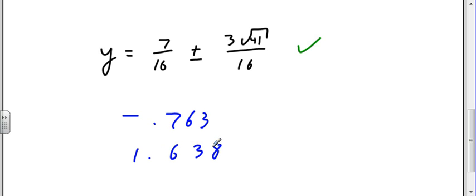Okay, so we'll check the positive guy. 7 divided by 16 plus 3 times the square root of 41 divided by 16. And the calculator says that, yeah, our positive guy's right. So if our positive guy's right, our negative guy's right. And life is wonderful, and the problem is solved.